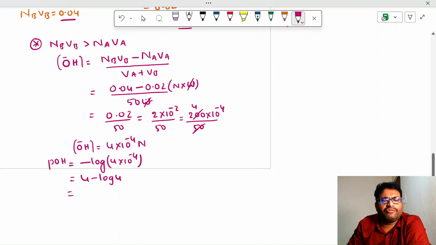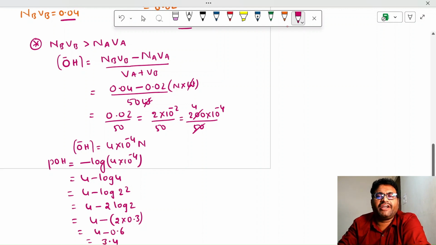So 4 minus log 2 square, so 4 minus 2 log 2, which is 4 minus 2 into 0.3. So 4 minus 0.6, that is equal to 3.4.